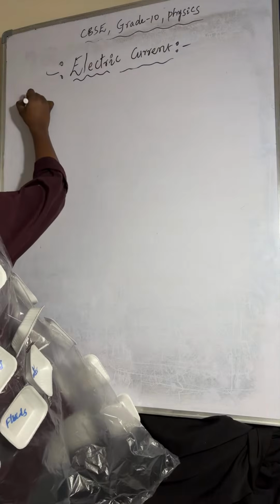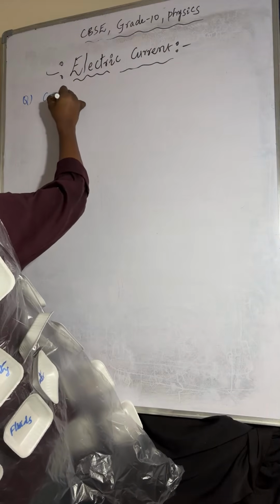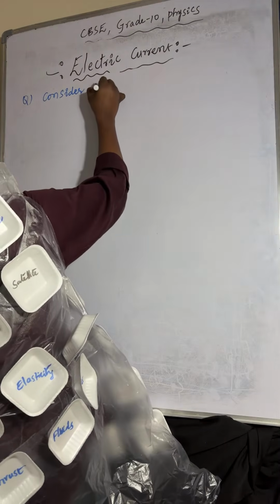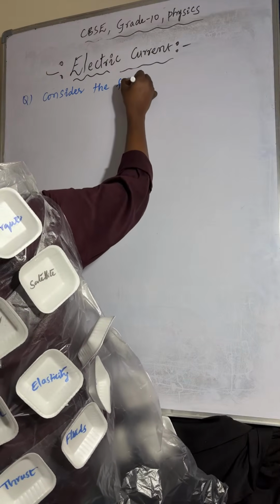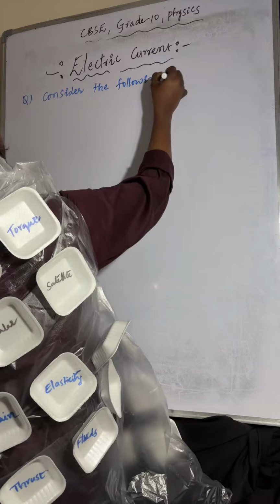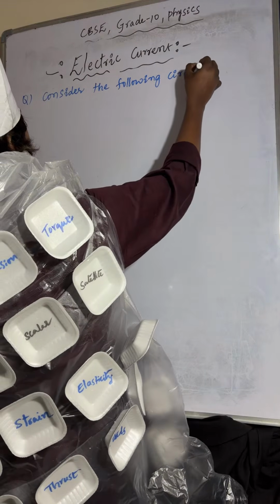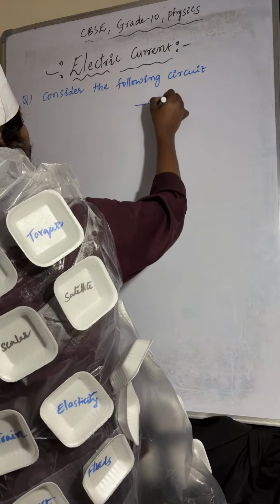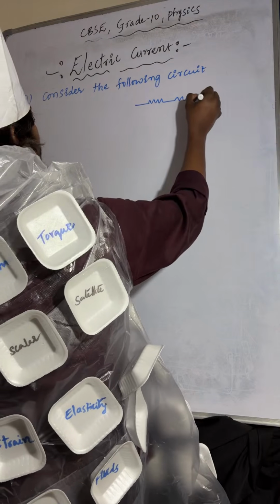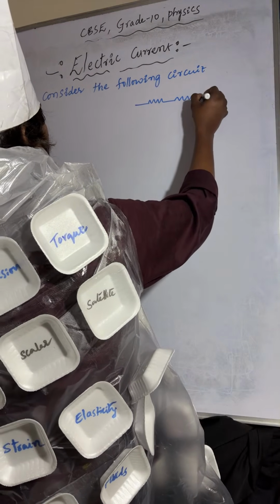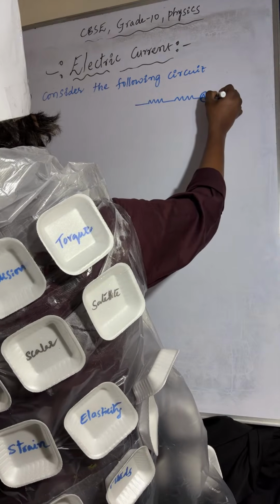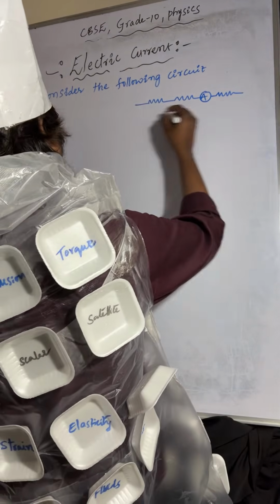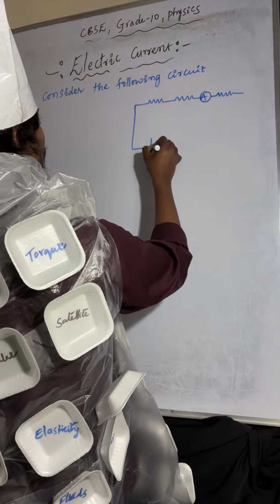Consider the following circuit. So this is the 5 ohm, 8 ohm, and ammeter, and 12 ohm resistor. That is connected here.